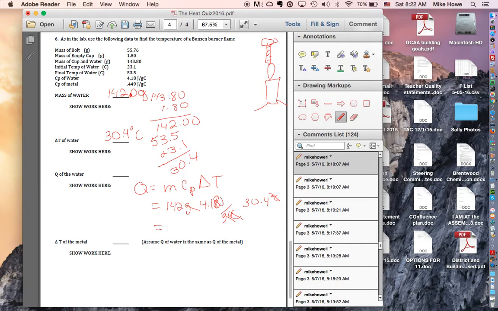So 142 times 4.18 times 30.4, we get 18,044, just rounding off to the nearest whole number, and that would be joules.